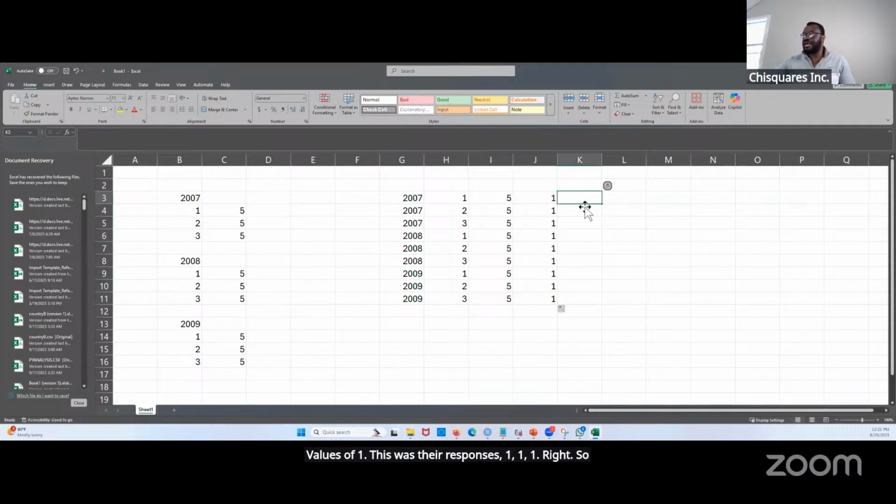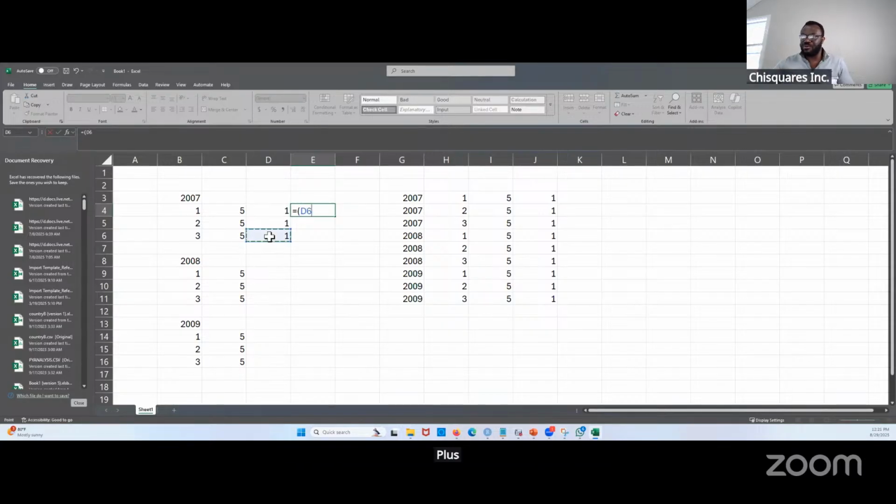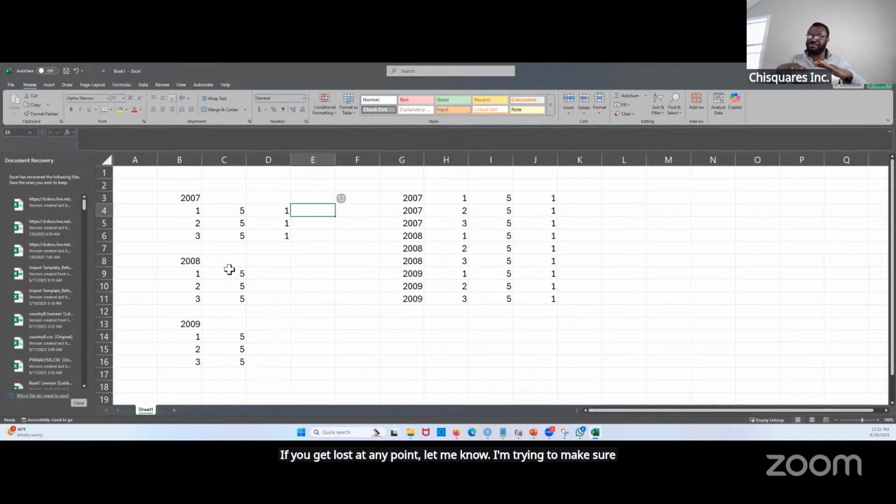So if we took the prevalence in the individual years, this is equal to, remember we said, 5 times 1 plus 5 times 1 plus 5 times 1, which is equal to 15 divided by 3, right? If you get lost at any point, let me know. I'm trying to make sure we take it very, very simple.